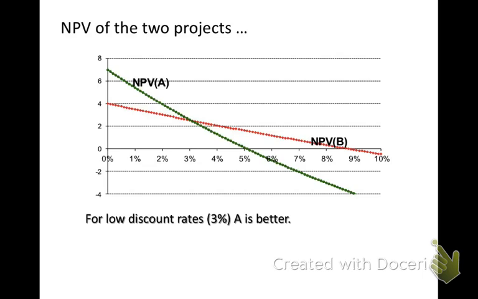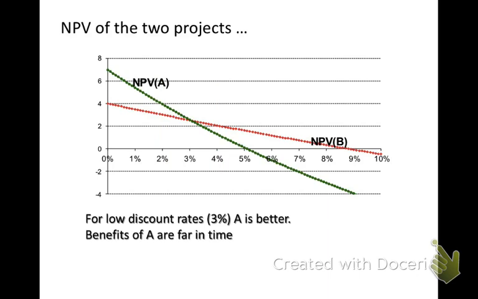For low discount rates, lower than 3%, for instance 2%, project A, the green project, is better than the red project. If you use, for instance, a 4% discount rate, then the red is better than the green.